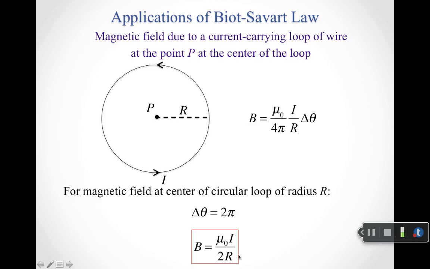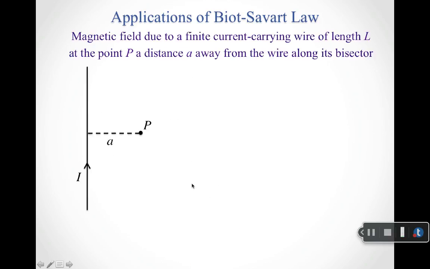And so the magnetic field at the center of a circular loop of radius r is given by this expression, mu naught I over 2r. This is the most common case that we'll deal with, our magnetic field due to a current carrying circular wire.